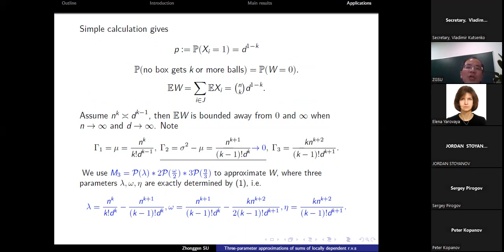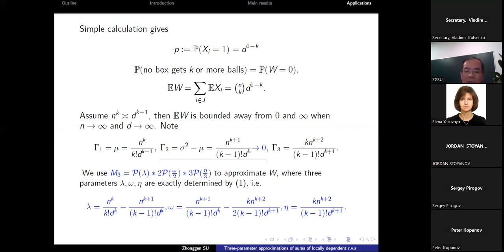And the expectation of W is this. Now, we have the first factorial cumulants for this W. And again, gamma 2 of W goes to 0 as d, n go to infinity.